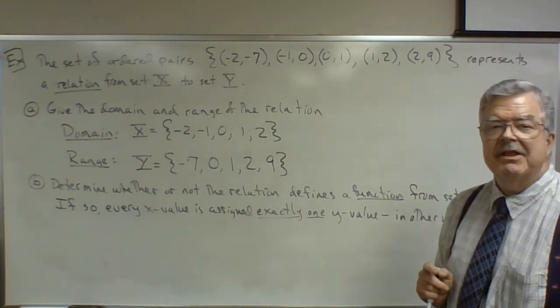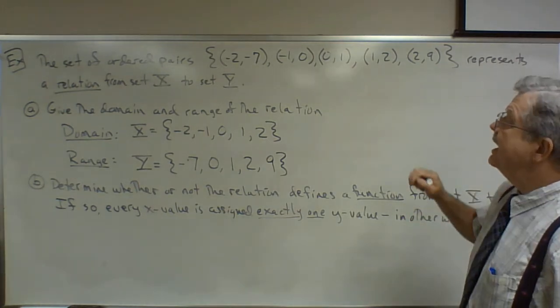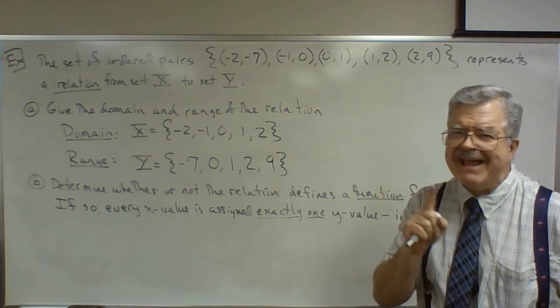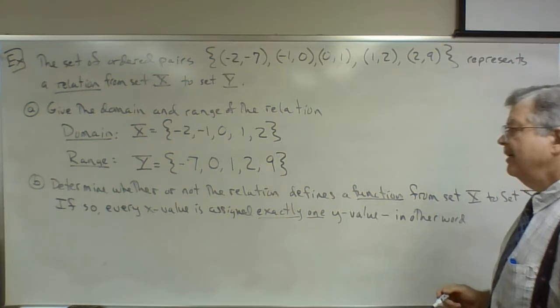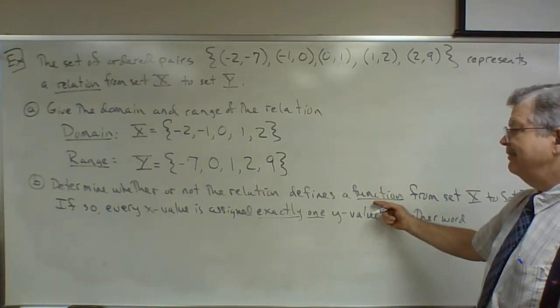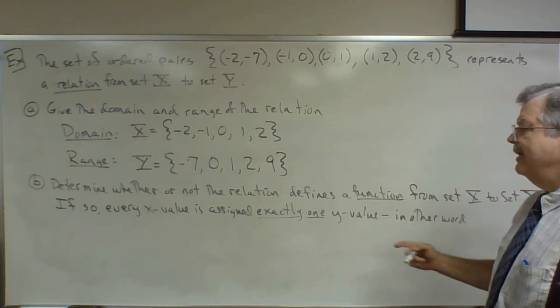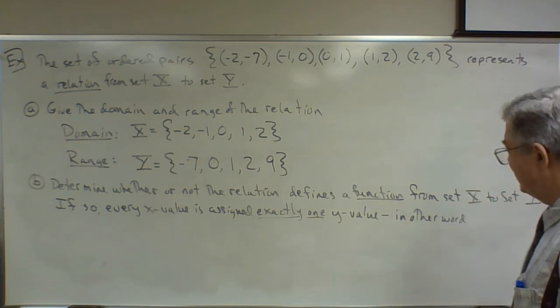Now, if an x value is assigned more than 1 y value, we're going to have 2 ordered pairs here that have the same x value, but a different y value. So if we have a relation that defines a function, then every x value is assigned exactly one y value.